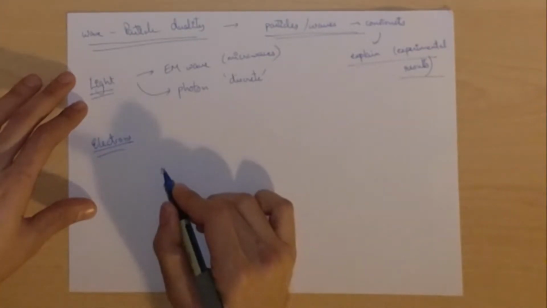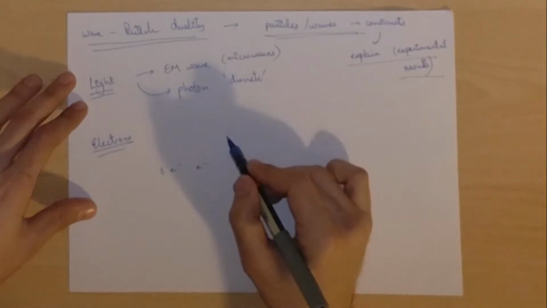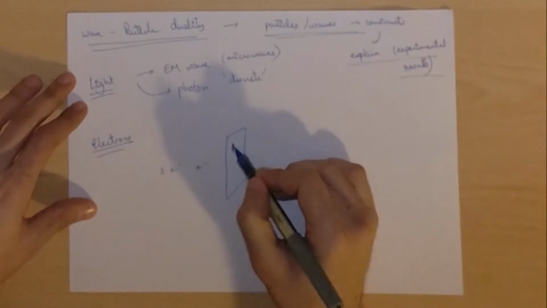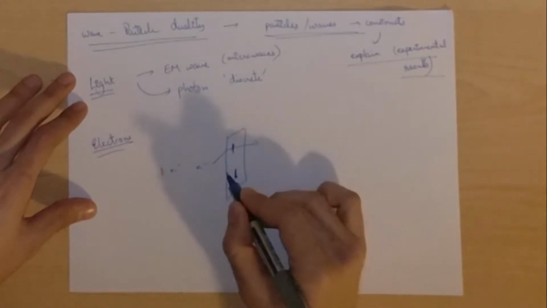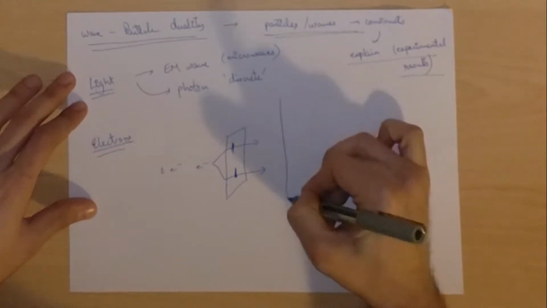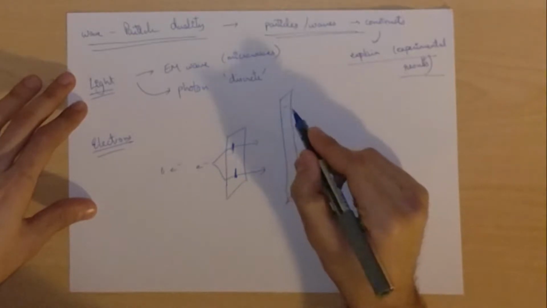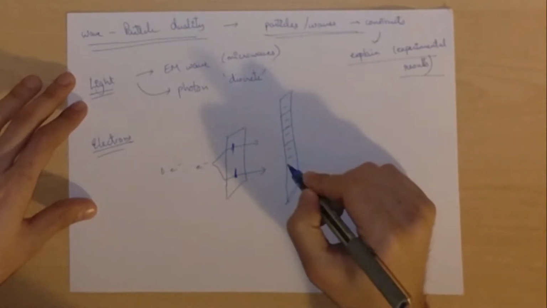So what they did was they took a source of electrons, so this guy produces electrons. They sent these electrons through what is known as a double slit experiment. So basically, the electron has two possible paths through which it can travel, and then they have a detector on the other side. And the detector, interestingly, gave a pattern that looks something like this.